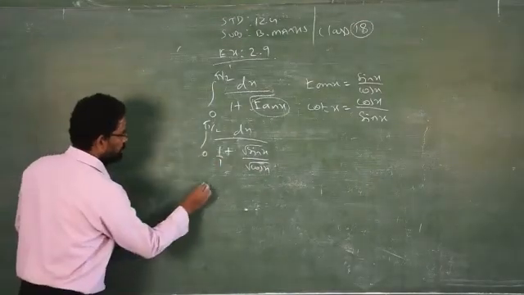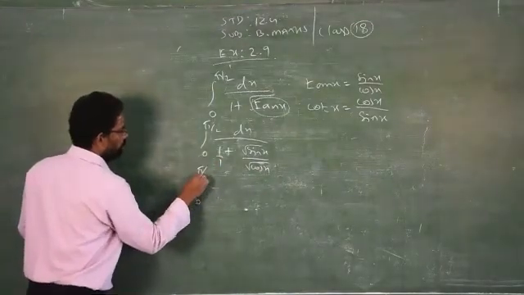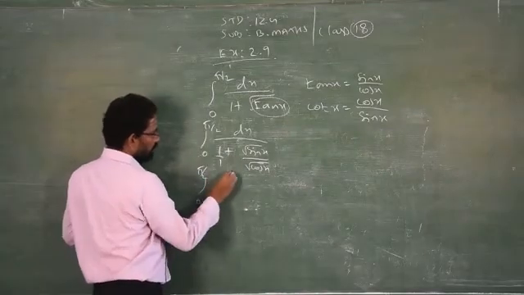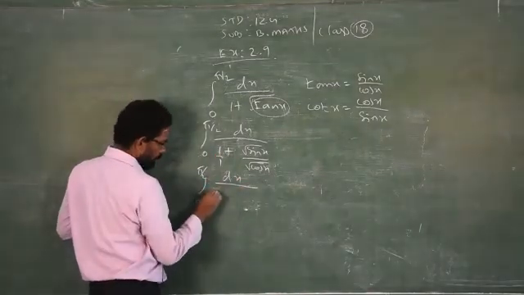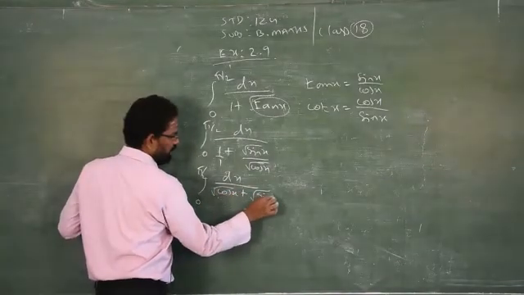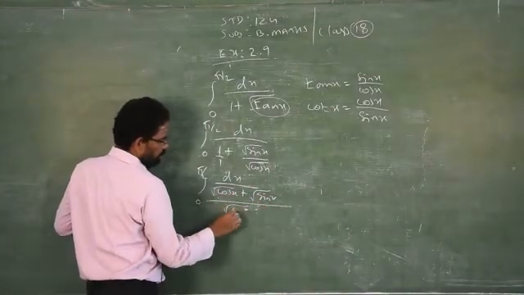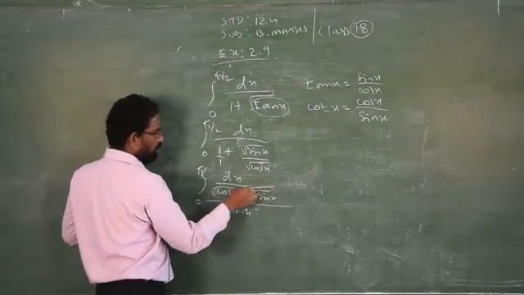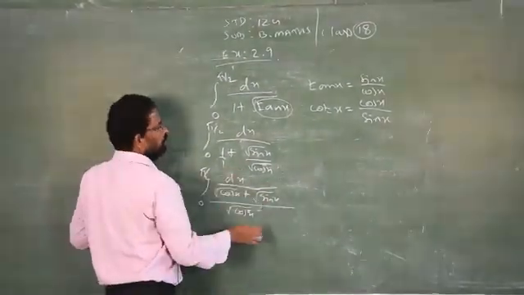Applying cross multiplication, dx by... you will get square root of cos x plus square root of sin x over square root of cos x. The denominator goes to the numerator.